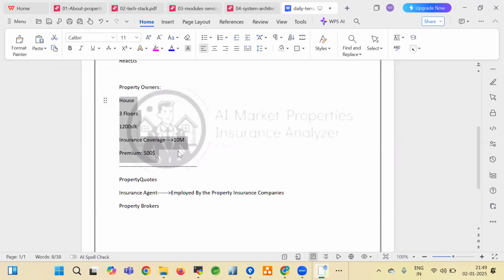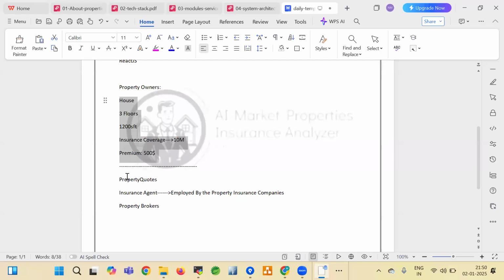Sometimes the agents may not reply to me at all. Assume I got 5 insurance companies who can provide insurance for my requirements, and they are showing these are their agents.